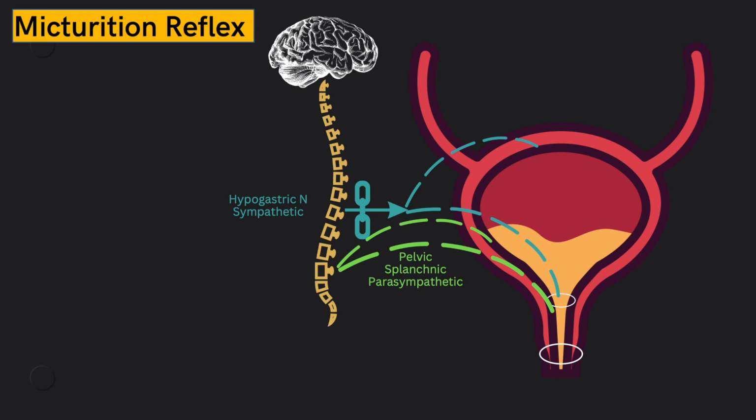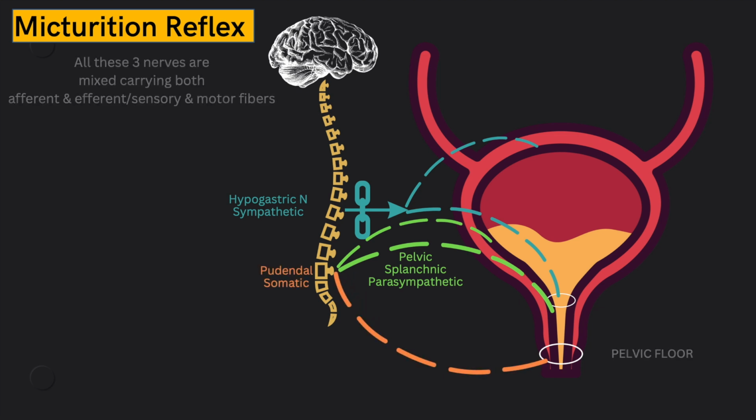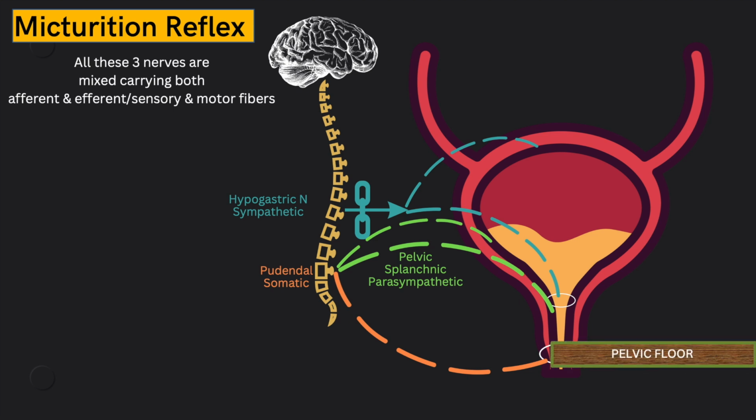The third nerve that is involved in micturition is the somatic nerve or the pudendal nerve. That's a branch, I hope you remember, of sacral plexus. Pelvic floor is voluntary. So this muscle is not under the control of autonomic nervous system. Rather, with our wish, we can contract and relax it with the help of pudendal nerve.